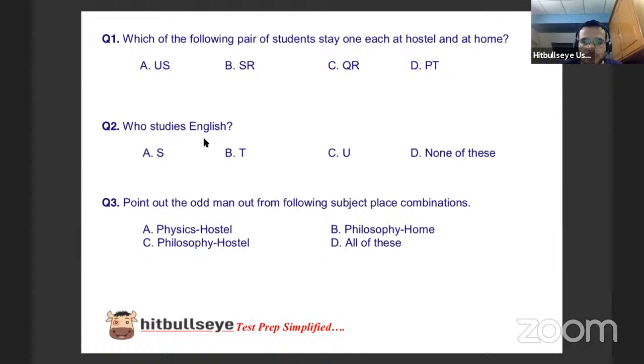Okay, we will see which is the right answer. BDA, BDC. Last 10 seconds, we'll see the answers.